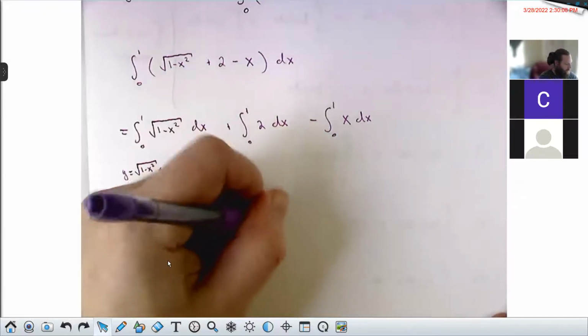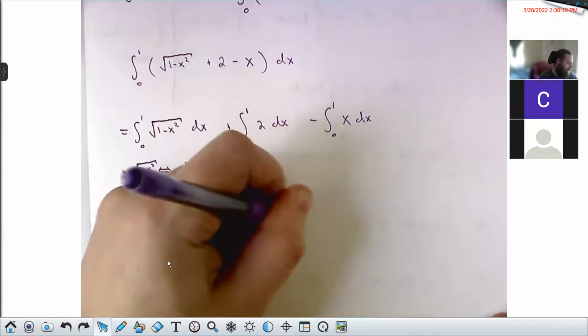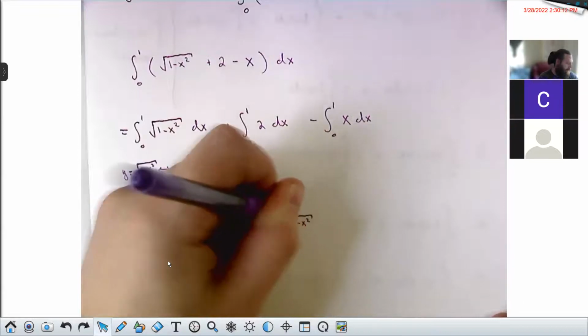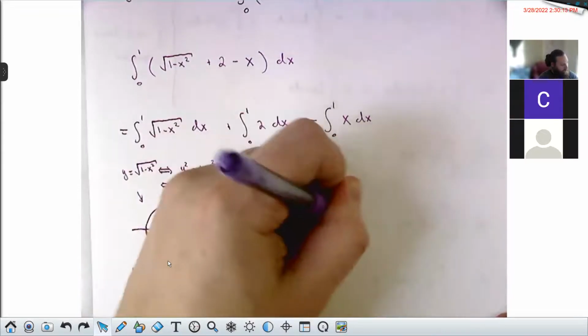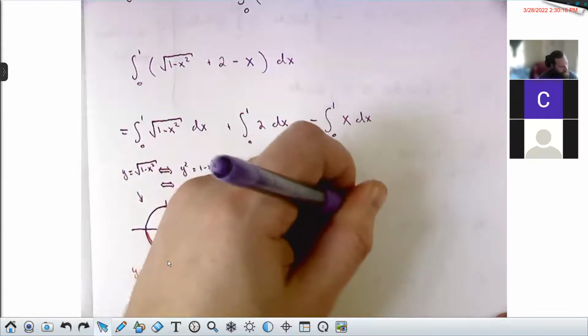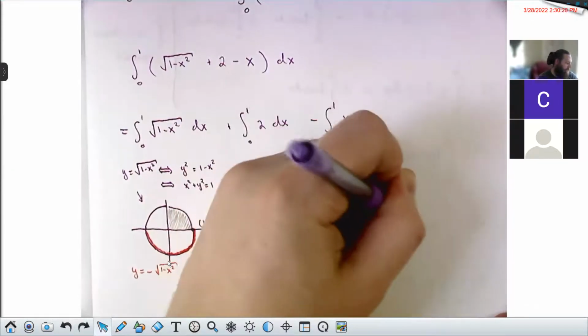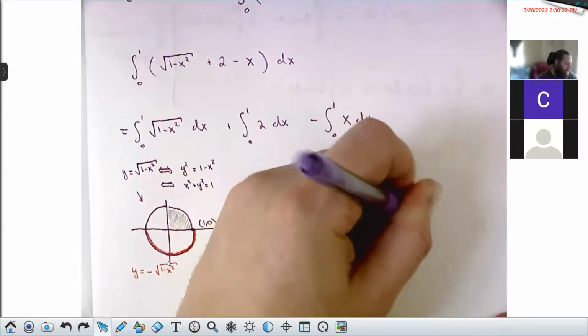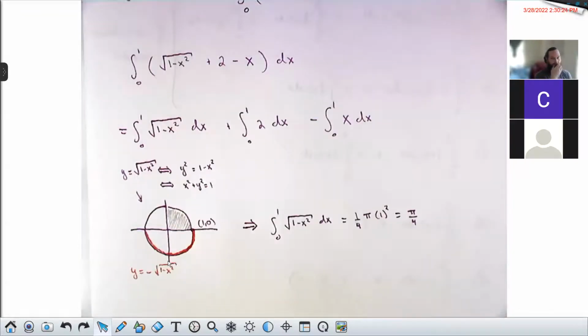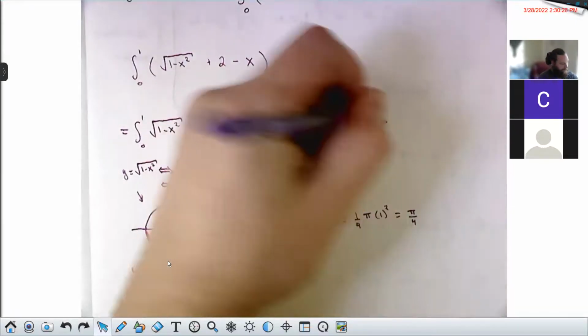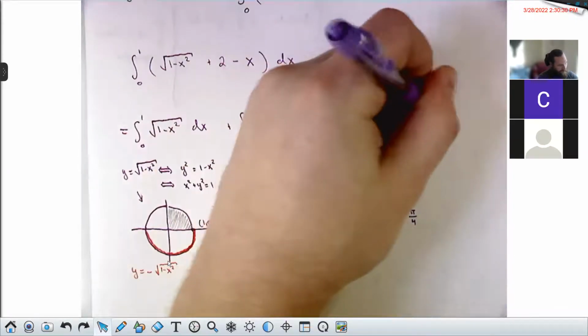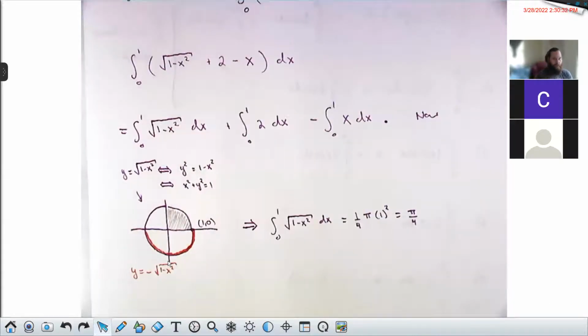So the integral from 0 to 1 of the square root of 1 minus x squared dx is 1/4 pi times the radius of that circle, which is 1 squared. So this is pi over 4. So I'm going to do these integrals one at a time.